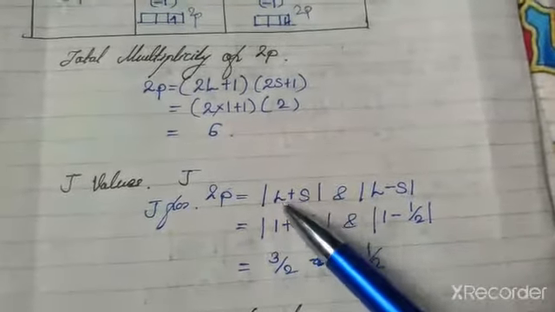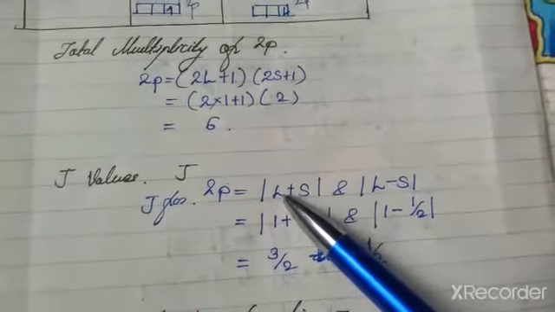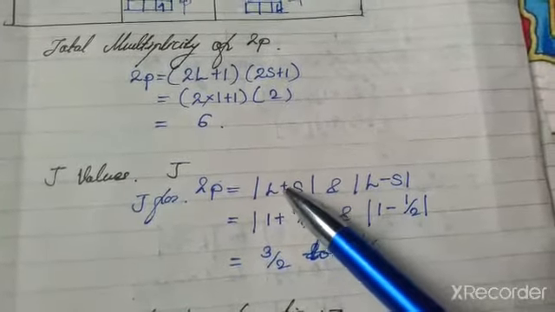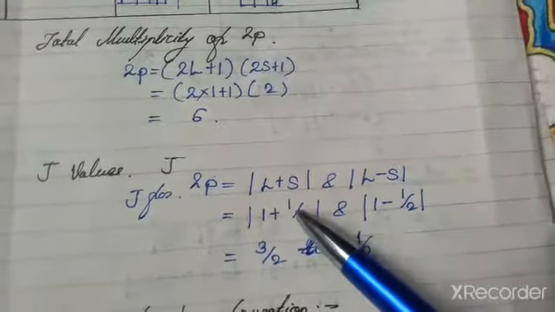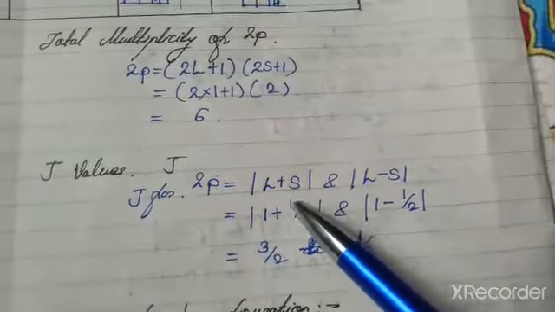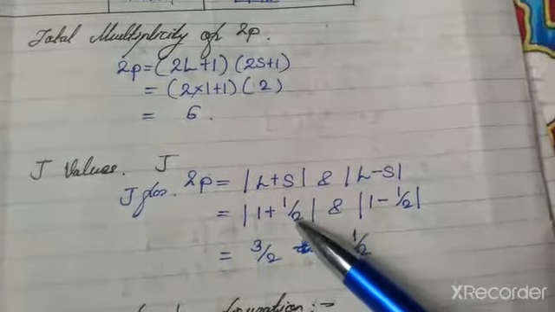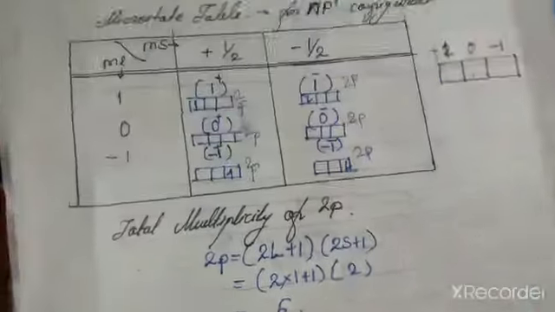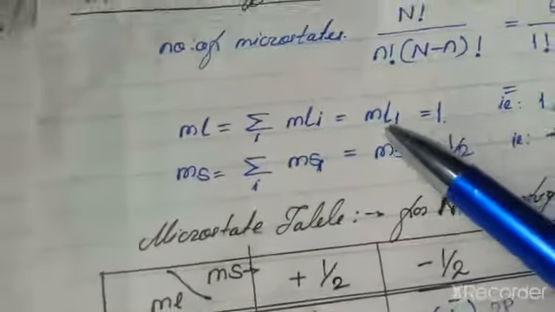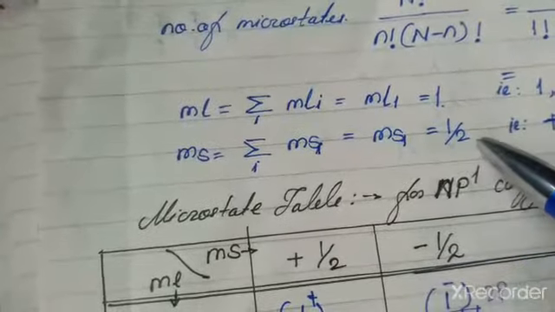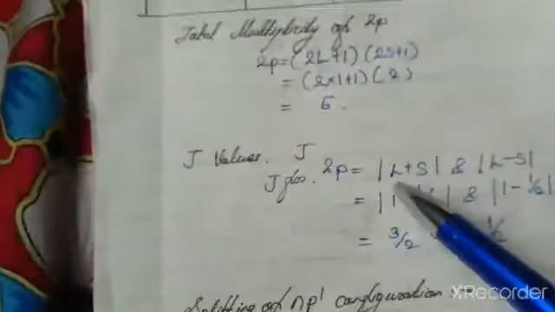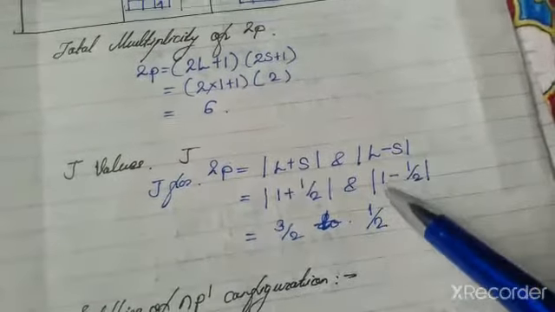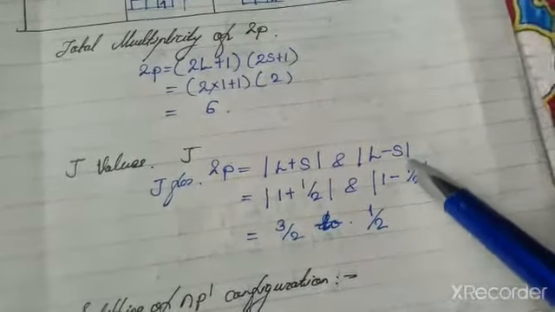Now in this case, L plus S: L is equal to the p orbital, so L is equal to 1, plus 1 by 2, since 1 electron is there which gives plus 1 by 2 spin, and L minus S. Here L is equal to 1 and S is equal to 1 by 2, so L minus S is 1 minus 1 by 2.